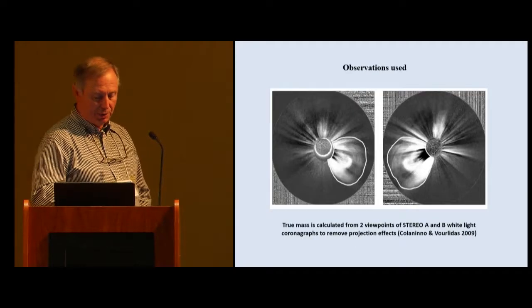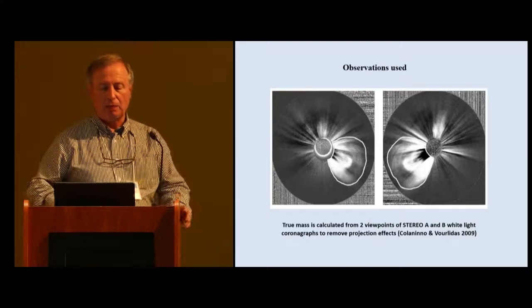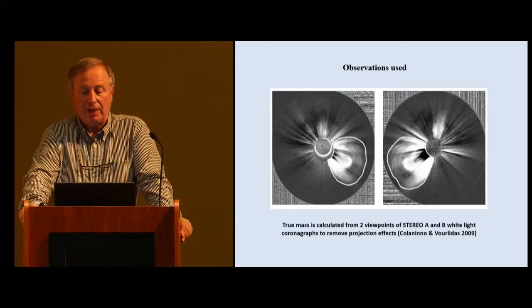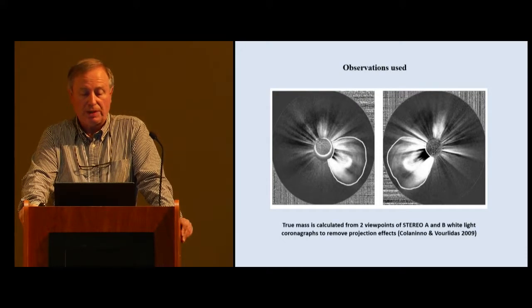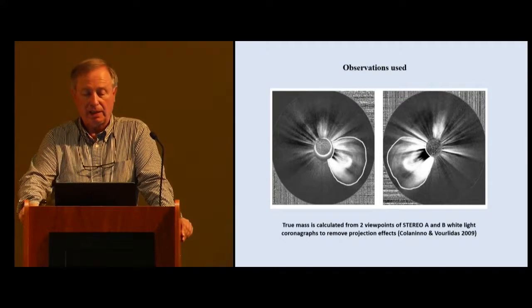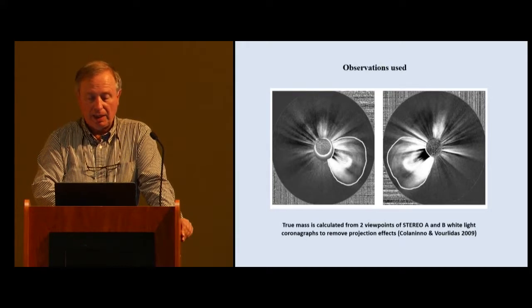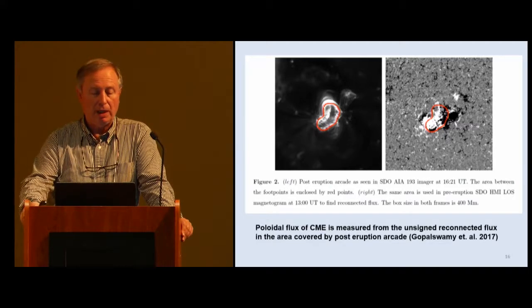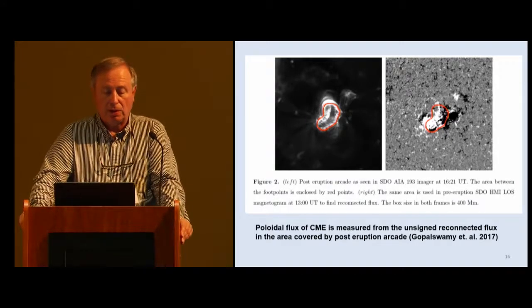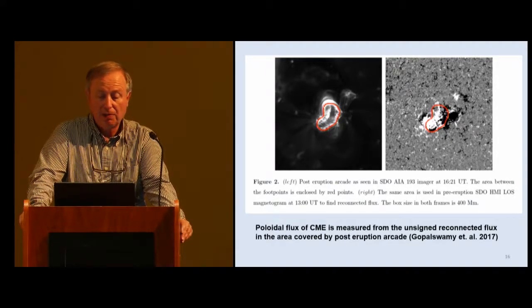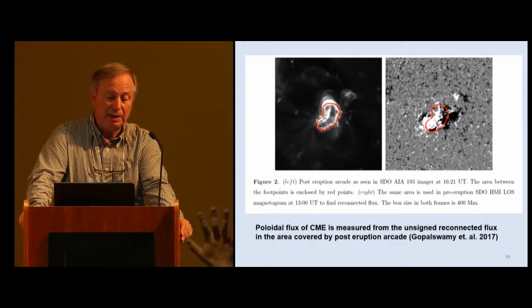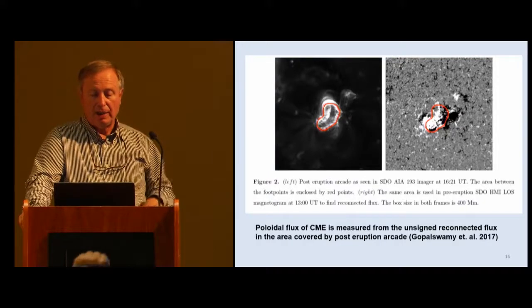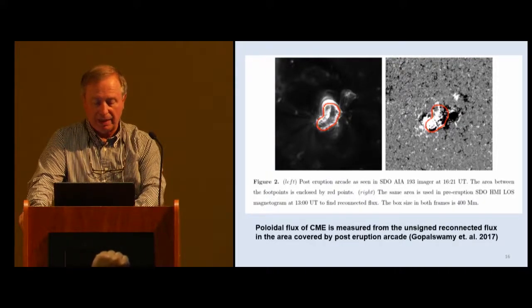We also calculate the true mass of solar plasma from 2 viewpoints of the STEREO A and B white light coronagraph images. We also use the poloidal flux of the coronal mass ejection, which is measured from the unsigned reconnection flux in the area covered, you see the red line over there, by the post-eruption arcade.